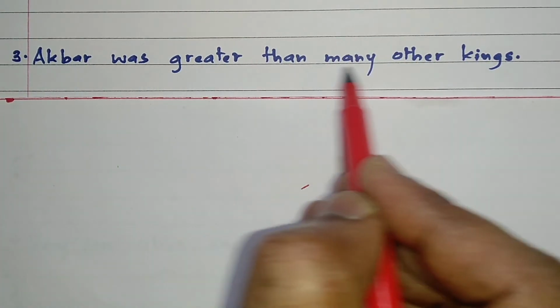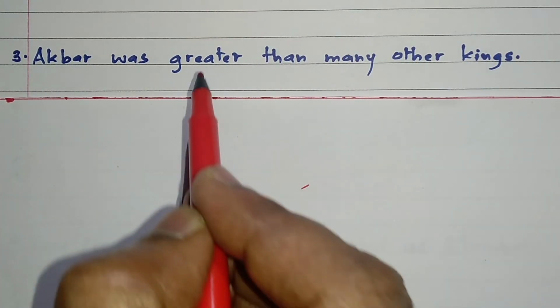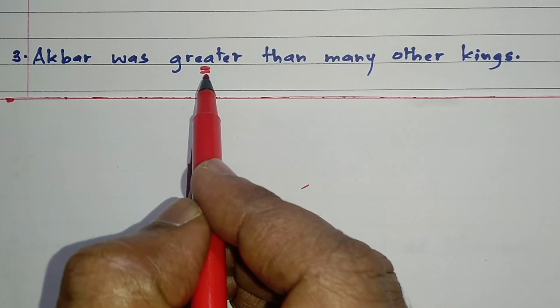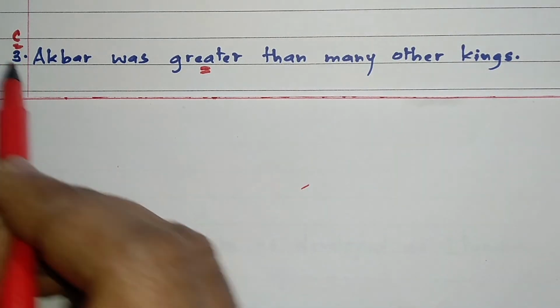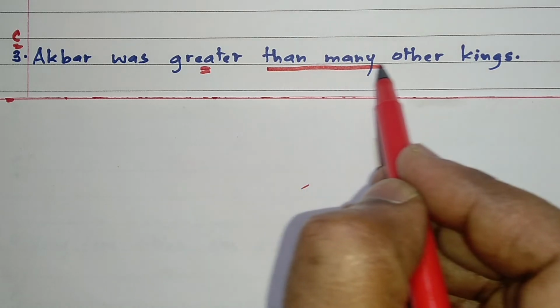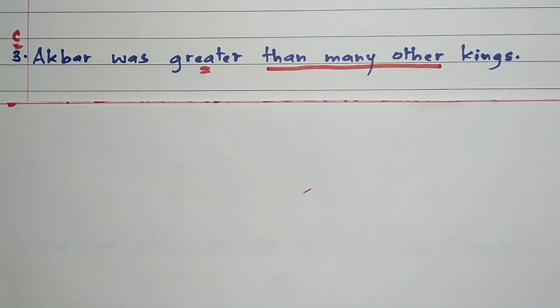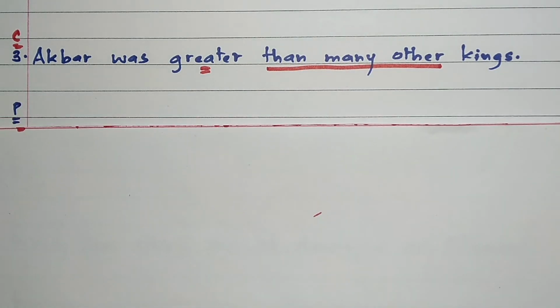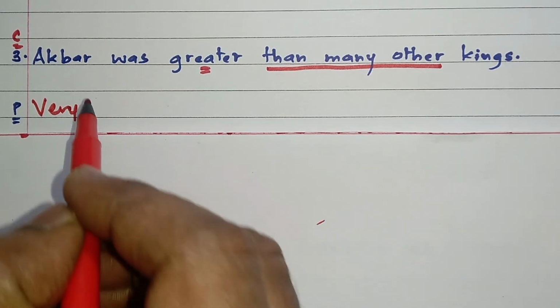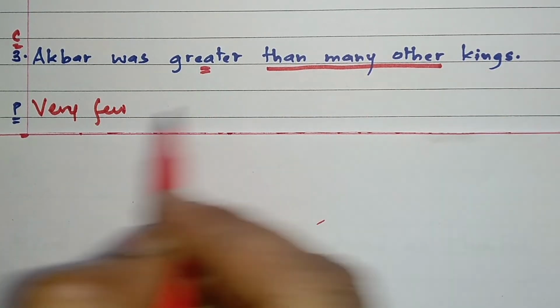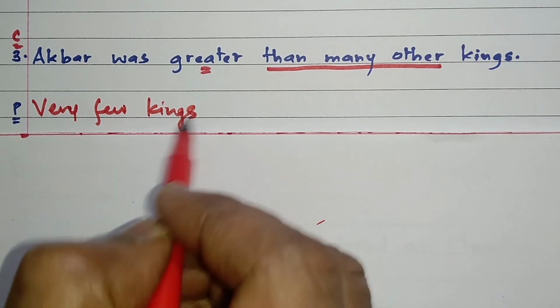Akbar was greater than many other kings. Now greater is the comparative degree adjective. That means this question is in the comparative degree form. And moreover, look at this, than many other. So now we have to frame the positive degree sentence. So we will start with very few. Very few noun, that is kings.